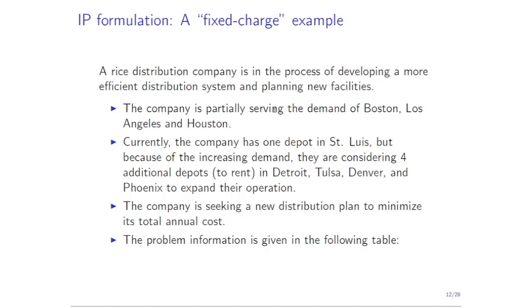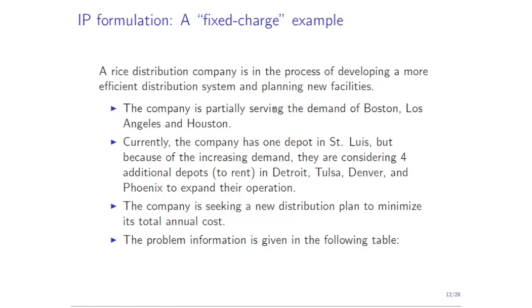A rice distribution company is in the process of developing a more efficient distribution system and planning new facilities. The company is serving the demand in Boston, Los Angeles, and Houston, and currently it has one depot in St. Louis. But because of the increasing demand, they are thinking about expanding their business, so they are considering 4 additional depots in Detroit, Tulsa, Denver, and Phoenix.